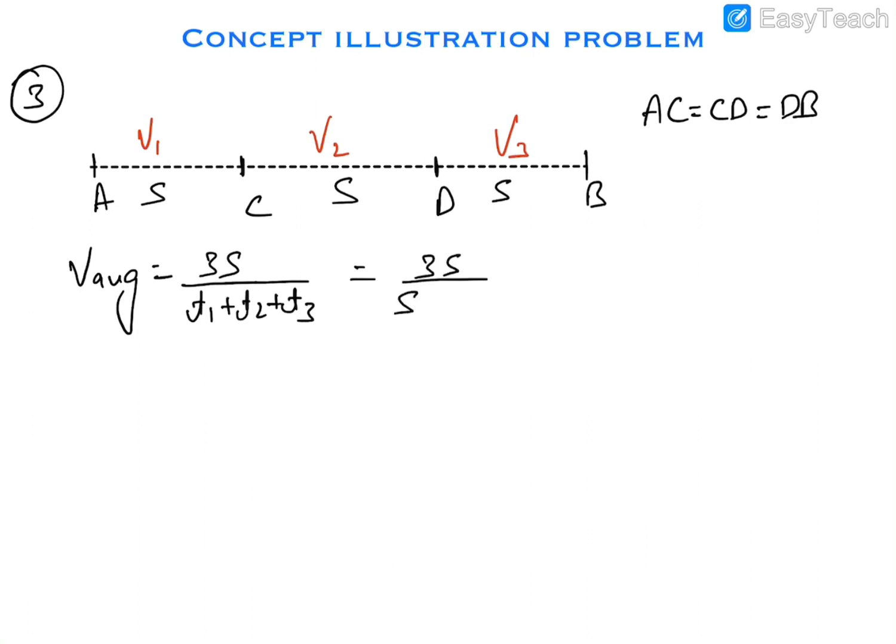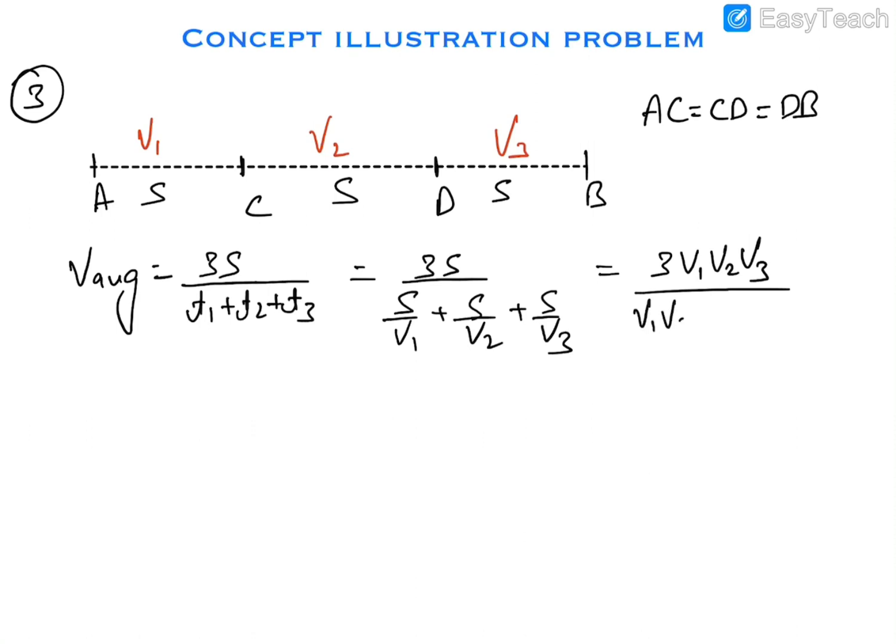T1 is S by V1, T2 is S by V2, and T3 is S by V3. Now cancelling S with S, this would be 3 V1 V2 V3 upon (V1 V2 plus V2 V3 plus V3 V1). This is the average velocity in this case.